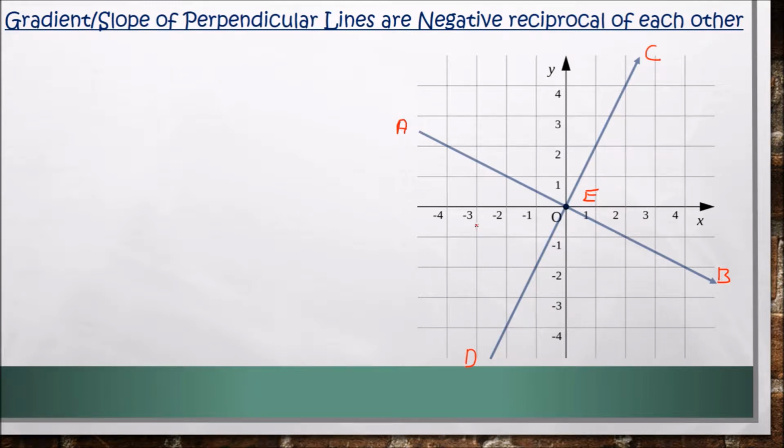Now, let's find out the gradient of our line AB. So what will be the slope of line AB?